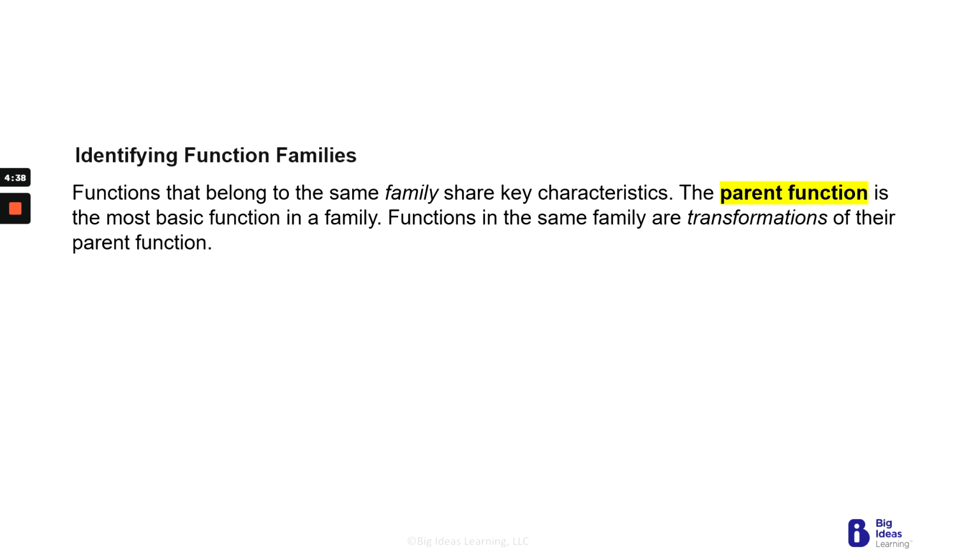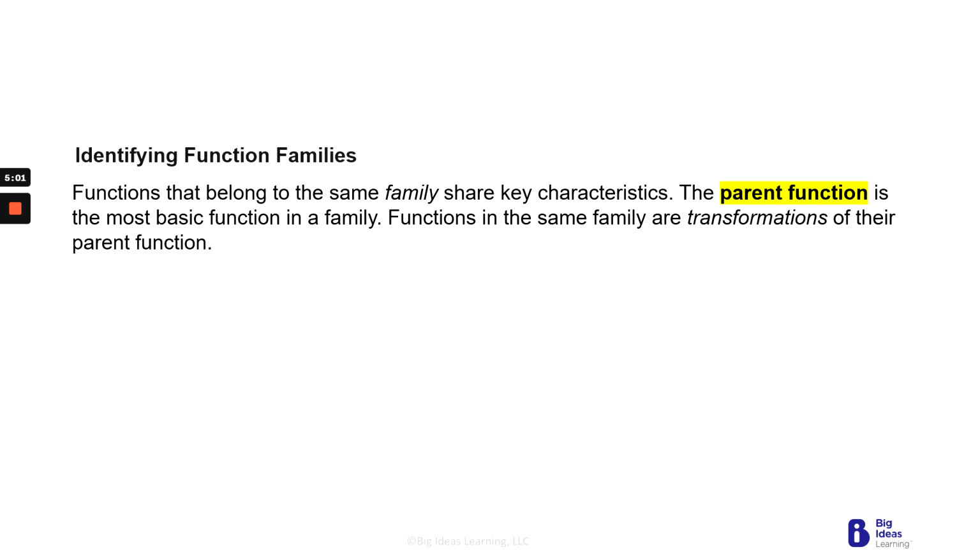Good. Beautiful. So, functions that belong to the same family share key characteristics. This is your first blank. The parent function is the most basic function in a family. Functions in the same family are transformations of their parent function.